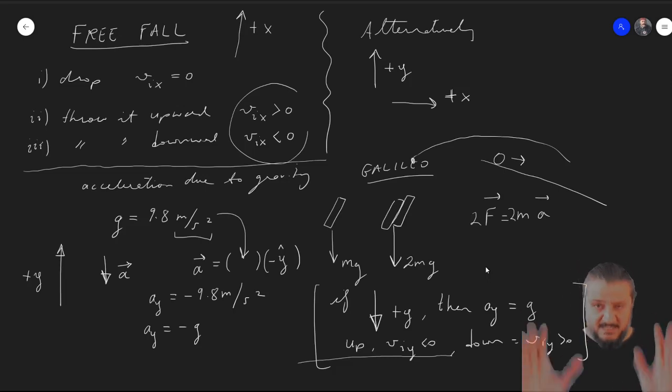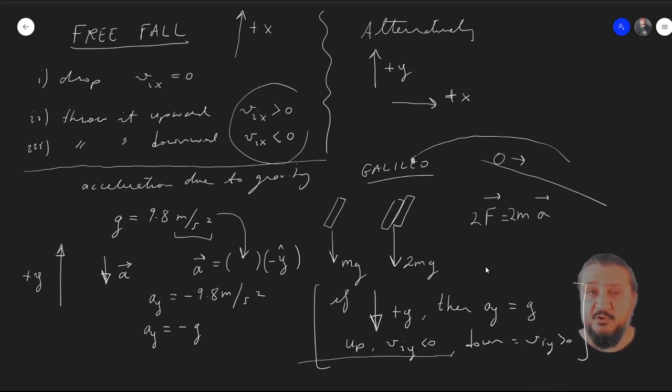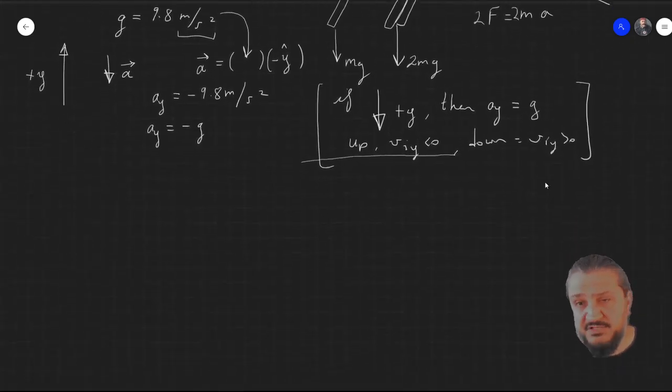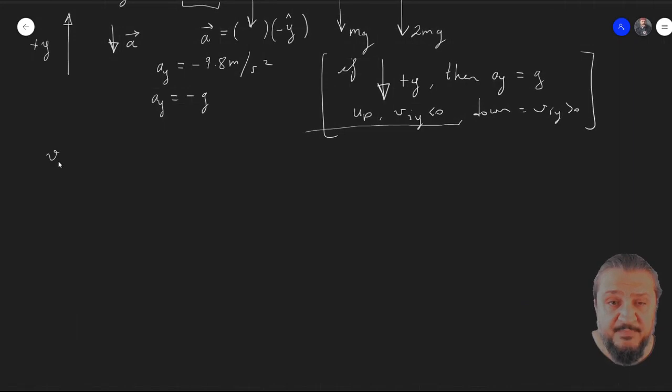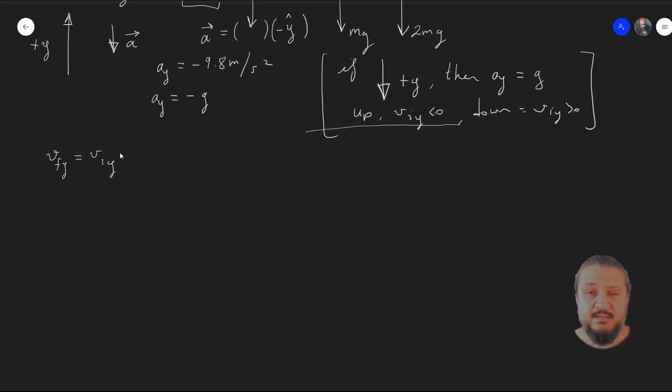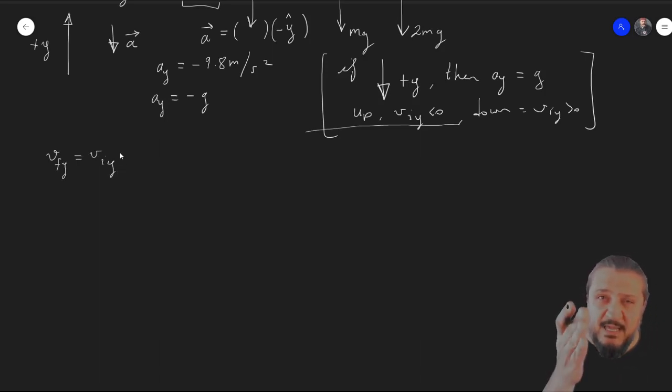So once we understand that, those four formulas we used before, they don't change. Just replace AY with this number. For instance, V final Y will be equal to V initial Y plus AY times T, right?